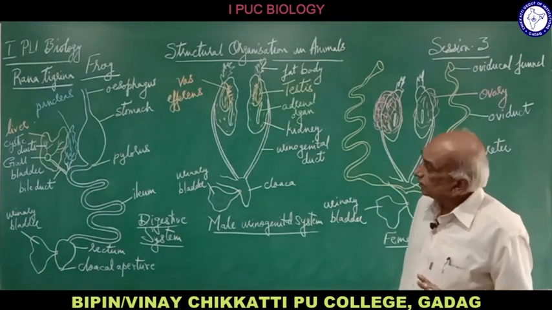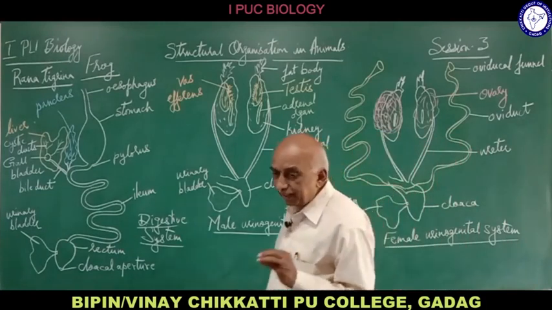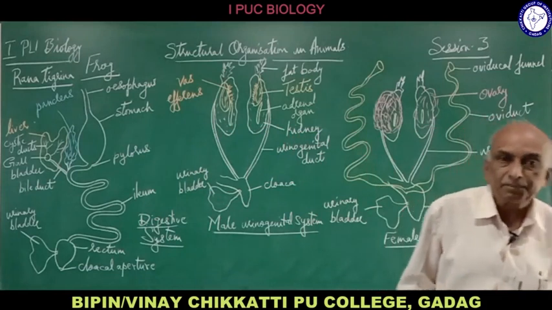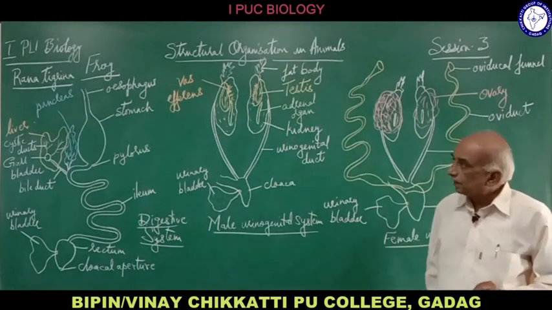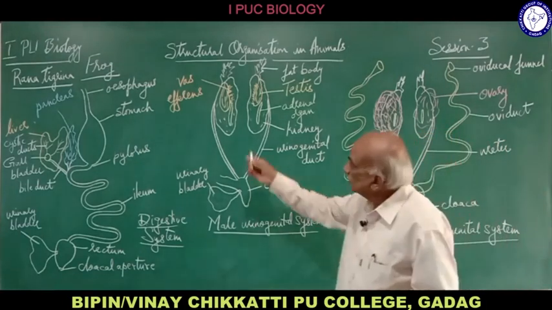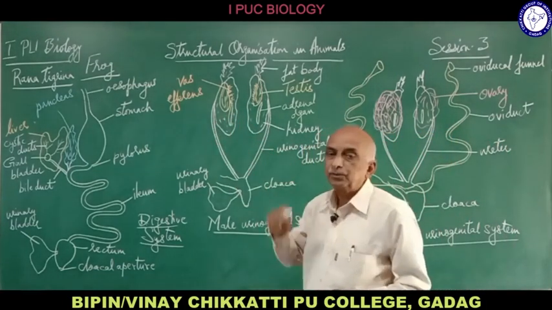That means the male gametes, or the sperms, produced by the testis pass through the vasa efferentia and enter the kidney, and along with the urine, the sperms are carried through the ureter.